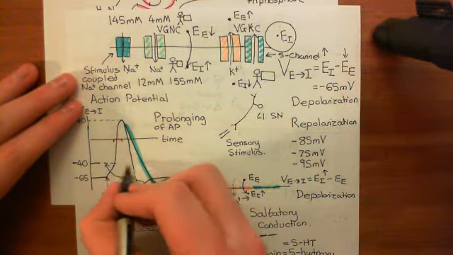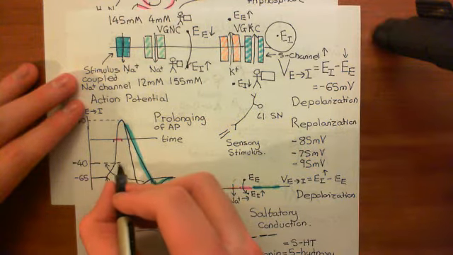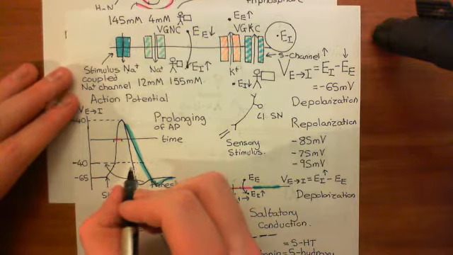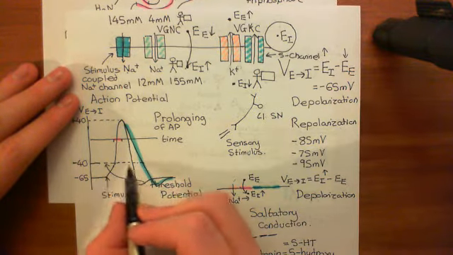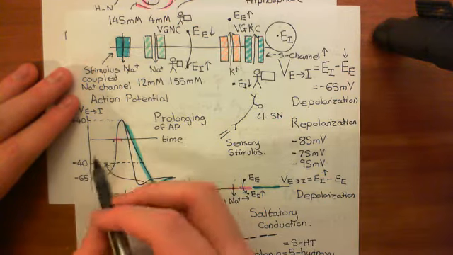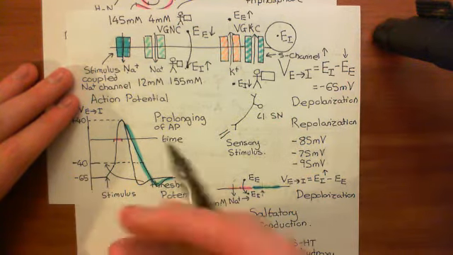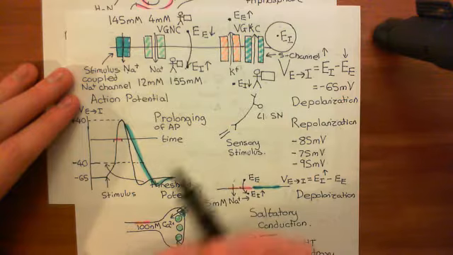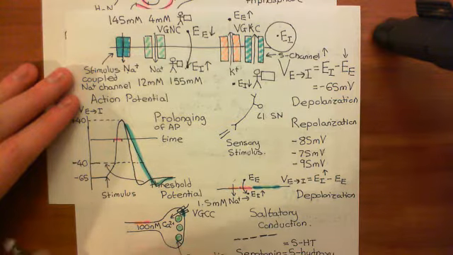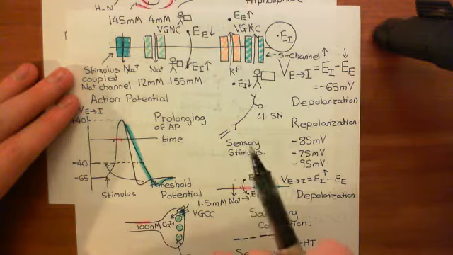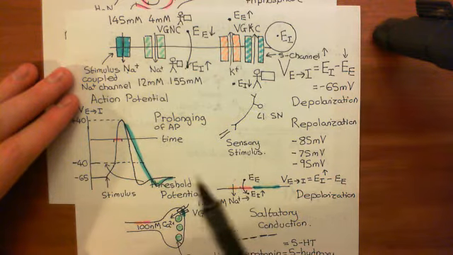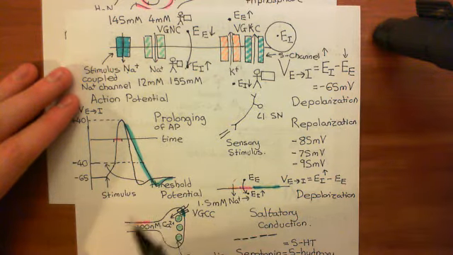Now, if the action potential is prolonged, then the time for which you will be beyond threshold potential for the voltage-gated calcium channels, which will generally be around the same number that we've always been working with, negative 40 millivolts, is the threshold potential for the activation of voltage-gated sodium channels. We saw that it was also the threshold potential for the activation of voltage-gated potassium channels. And generally, it's also the threshold potential for the activation of voltage-gated calcium channels.